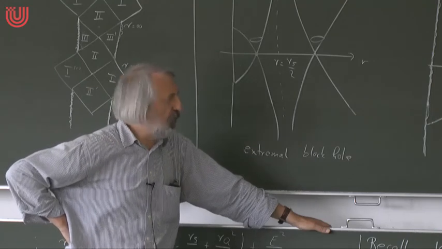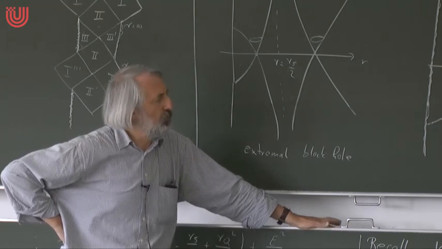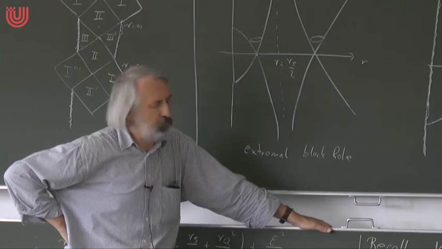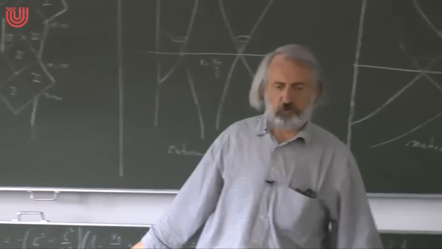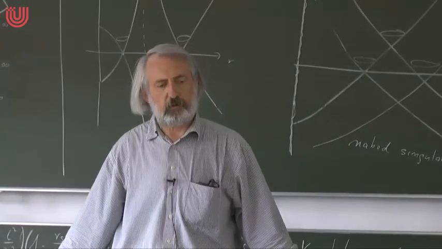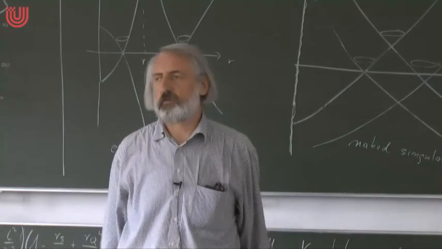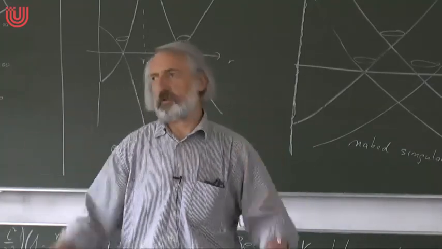There are some theorems which go in this direction, but nothing which could really be called a proof of the conjecture, in the sense that it would state that under all reasonable assumptions which we would like to be satisfied, a naked singularity is not formed. There are always some assumptions to be put in which some people might call questionable.